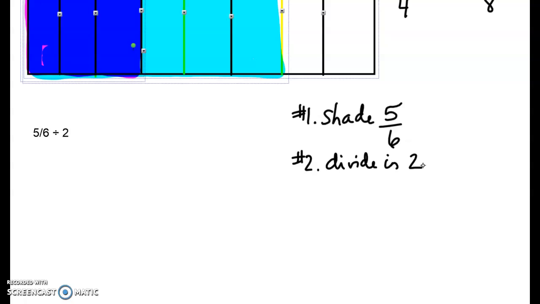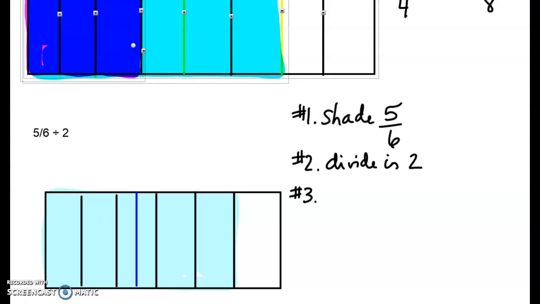Or we could say in a half, because when we divide by 2, we're finding a half of something. Okay. Step 3, well, do those 2 steps, and then press play, and we'll move on to step 3. When you press play again, the answer will be revealed.